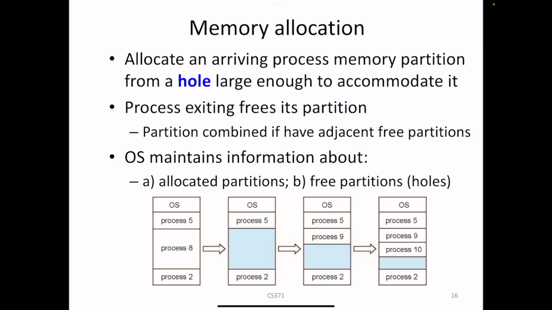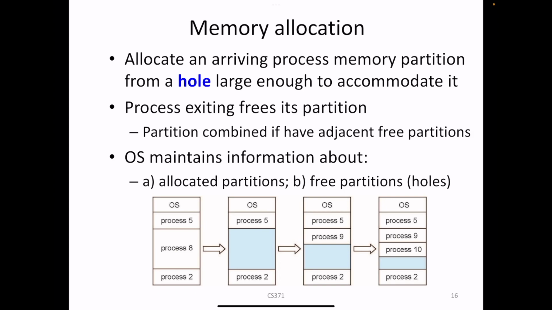Let's come back to the memory allocation mechanism. When a new process arrives in the system, we will allocate a hole that is large enough to accommodate it. After the process finishes execution, we will free the partition previously assigned to it. If another free partition is adjacent to the newly released one, we will combine them to make a larger partition.